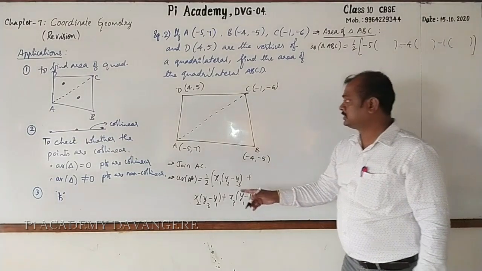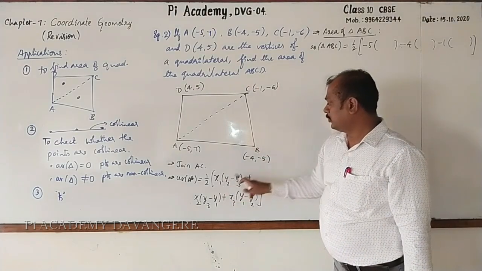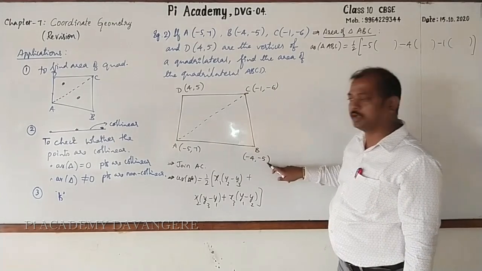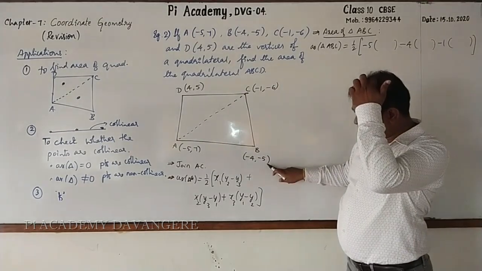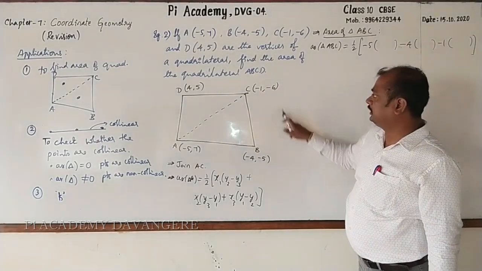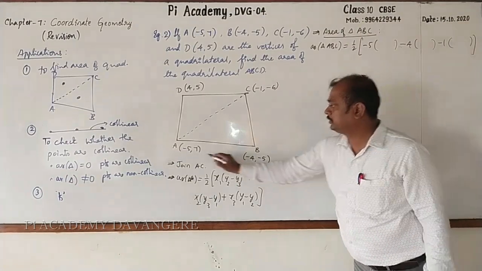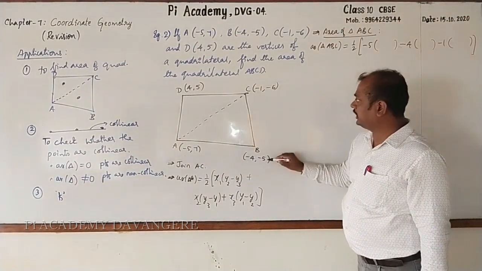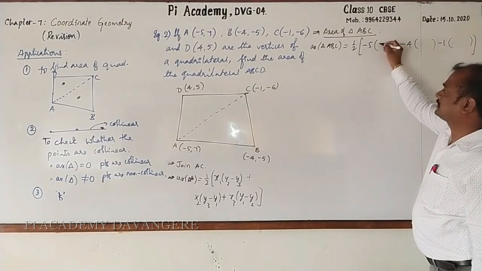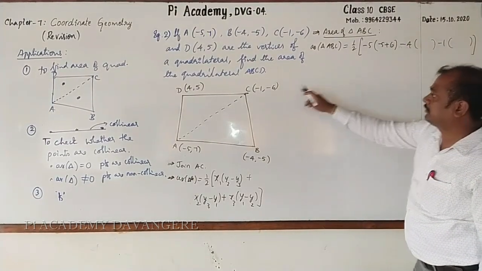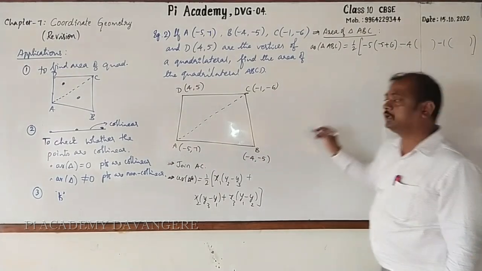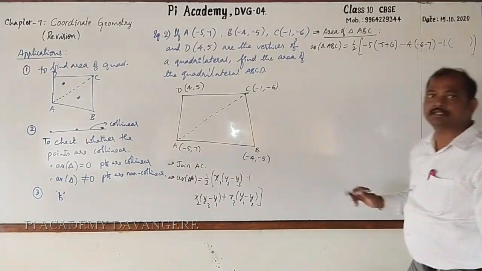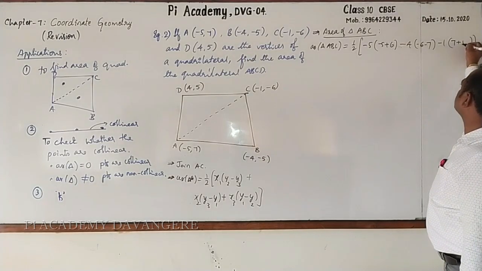Next, see y2 minus y3, y3 minus y1, y1 minus y2. This is x1, y1, x2, y2, x3, y3. Minus 5 minus of minus 6, that is minus 5 plus 6. Minus 6 minus 7. 7 minus of minus 5, that is 7 plus 5.